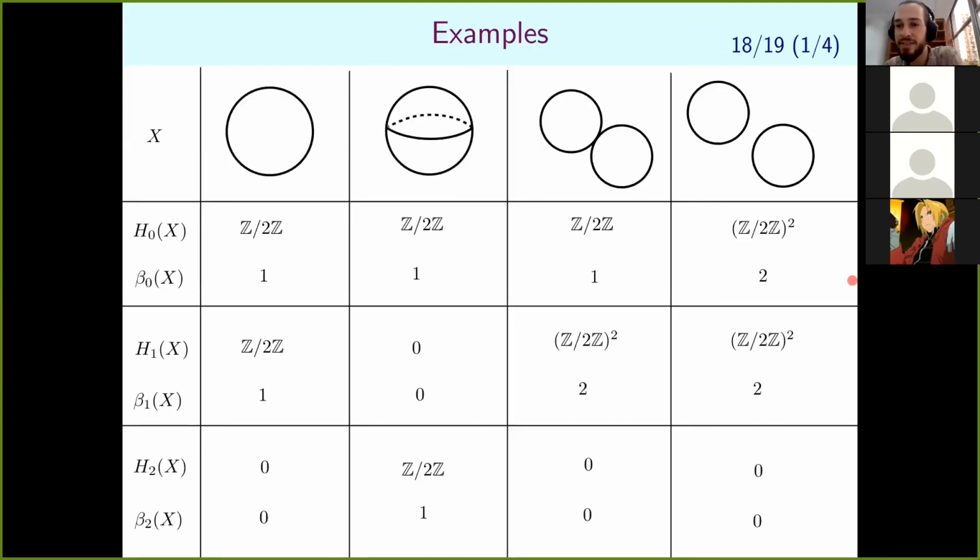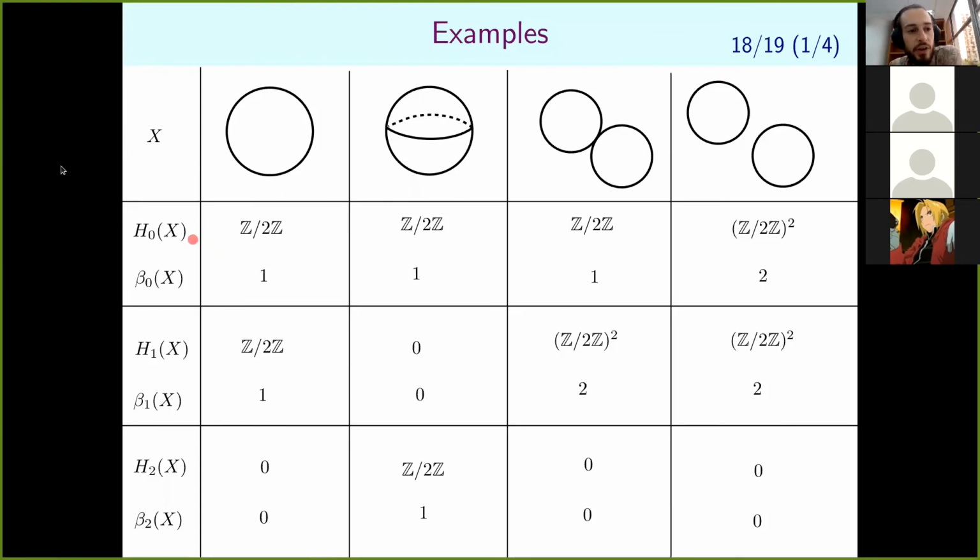All right, this is the last slide of today. Tomorrow we will learn how to compute these homology groups. For the moment, let me give you some examples. I take here the circle, the sphere, the bouquet of two circles connected, and two disjoint circles.